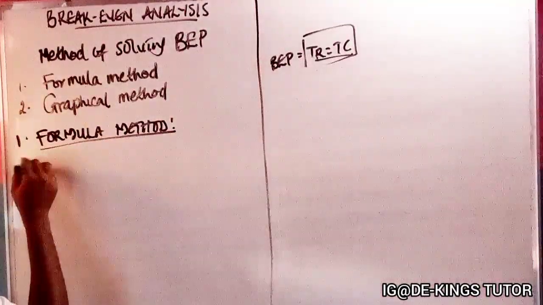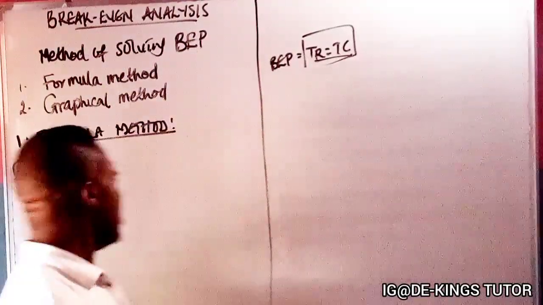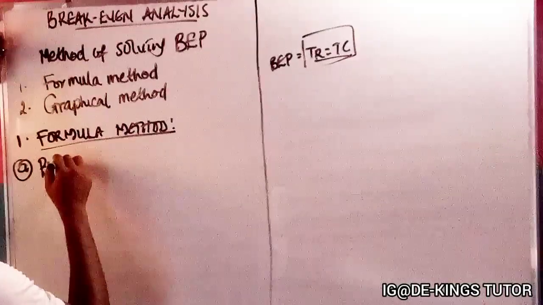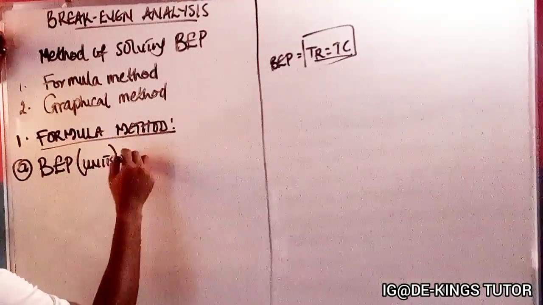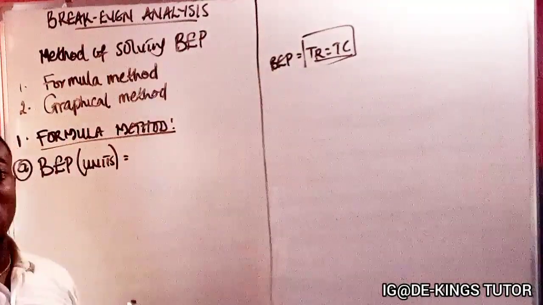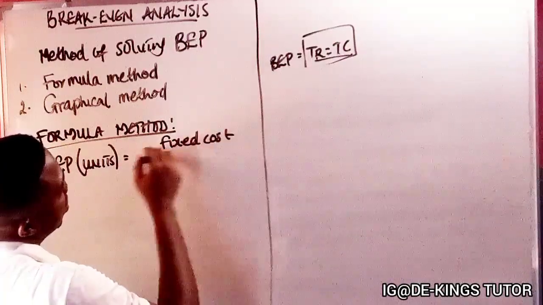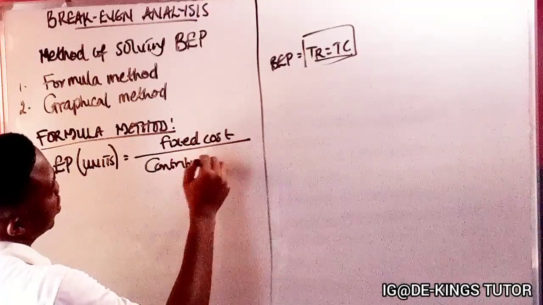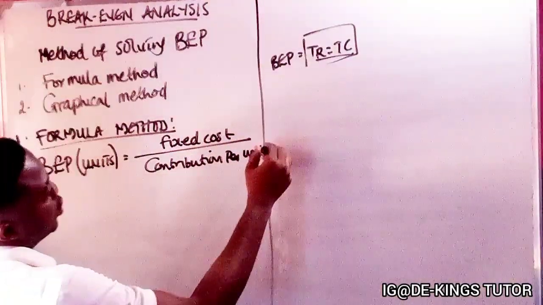Now, the first formula we're going to see as regards the formula method is the break-even point in units. What is the formula? It will be the fixed cost over contribution per unit.